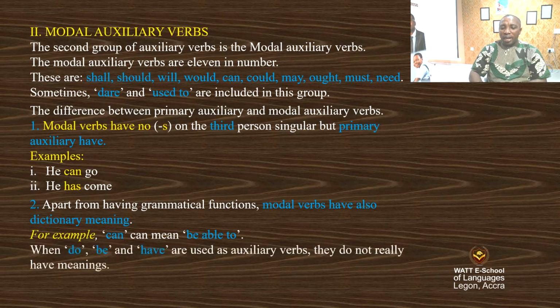When do, be, and have are used as auxiliary verbs, they do not really have meanings. For example, he has come. The has has no meaning here. As can has a meaning like be able to, the has has no meaning.